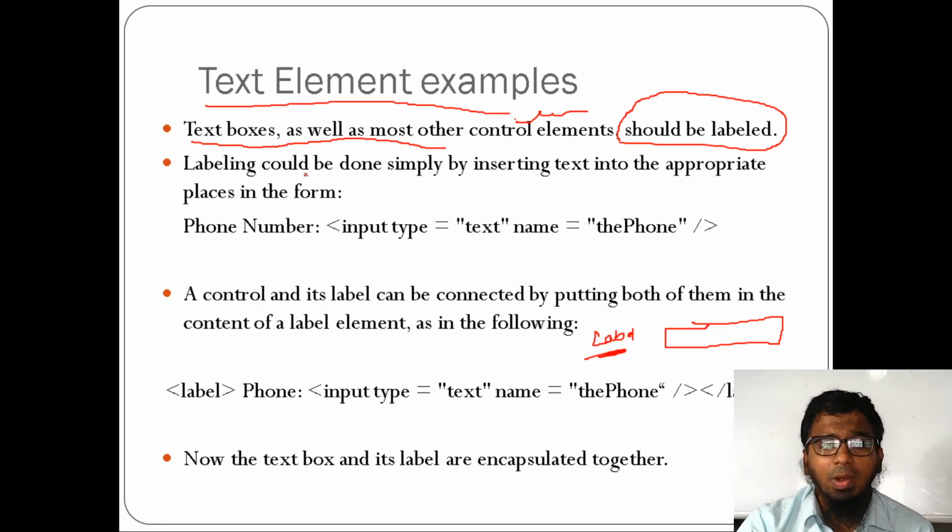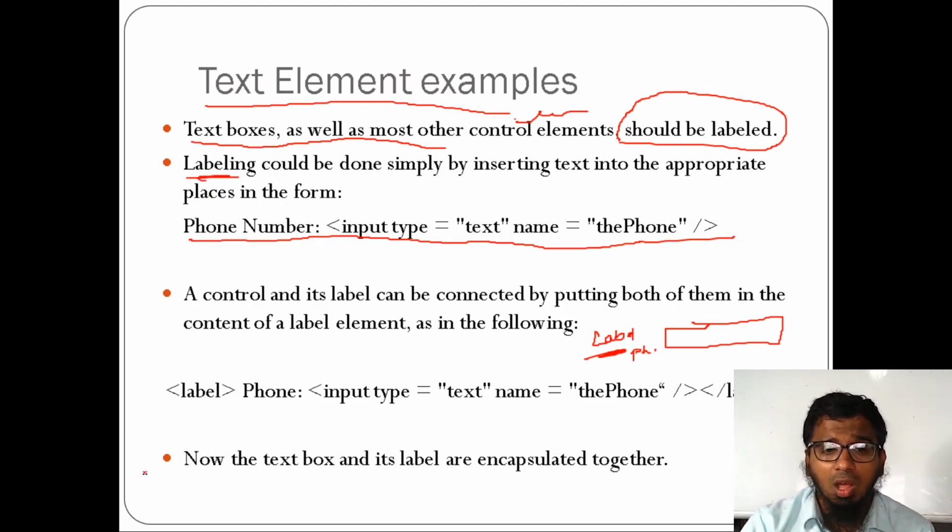Labeling could be done simply by inserting text into a proper place in the form, like here phone number. If you write it beside the input type, that also will display phone number. But if you use the label tag, then it will be in a good form. It will be a proper way to write the label name.